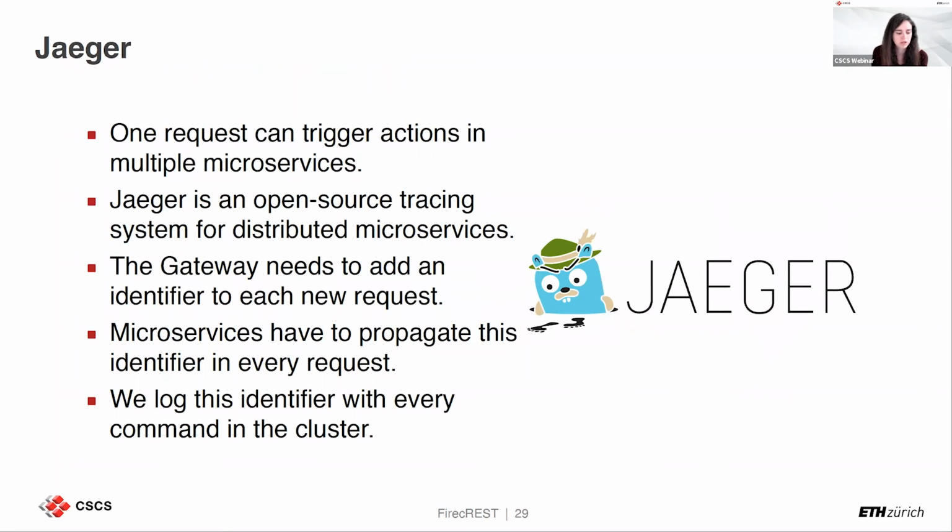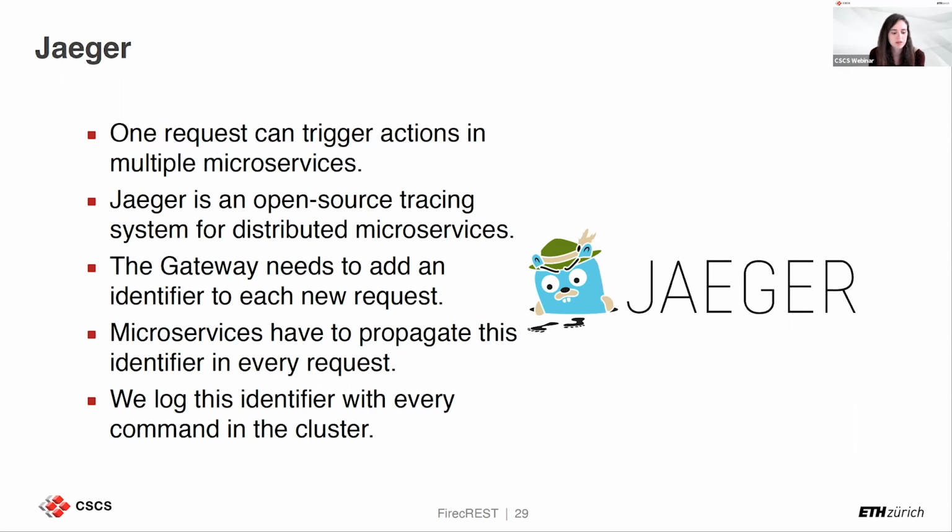And finally, another useful component of the system is Jaeger. The reason Jaeger is useful for FirecREST is because one request can trigger actions in many microservices.